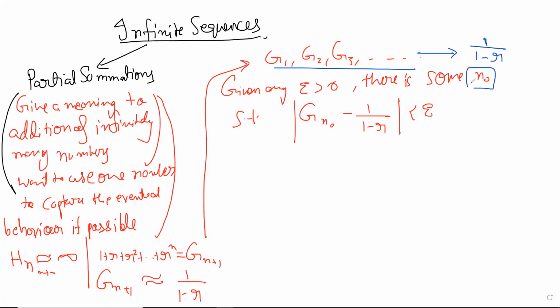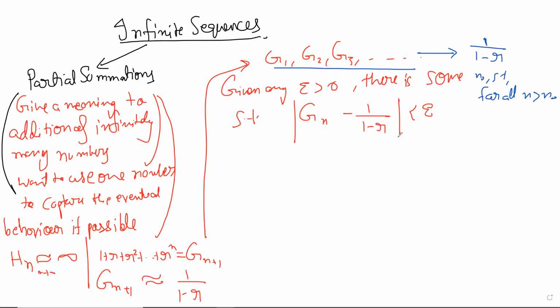Remains close to 1 minus r by less than epsilon, right? This should translate as not just there is some n naught, but such that for all n bigger than n naught, this should happen.